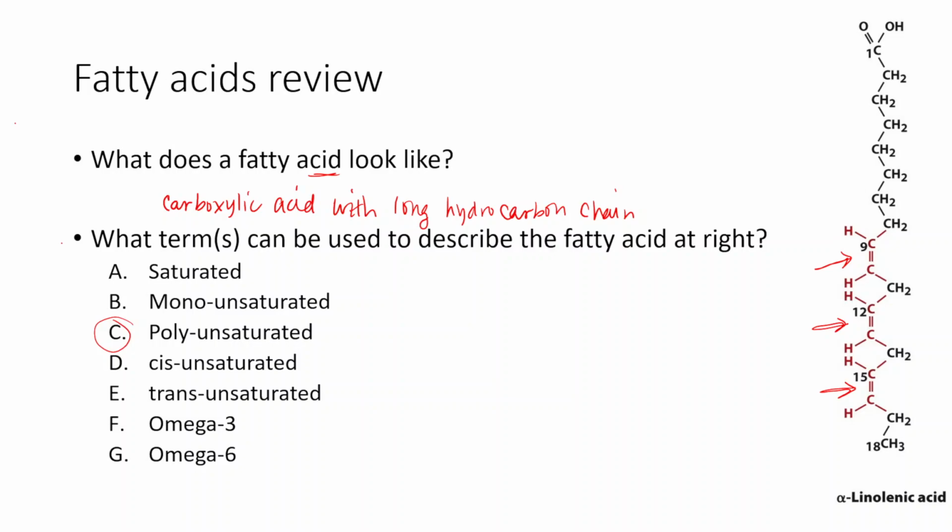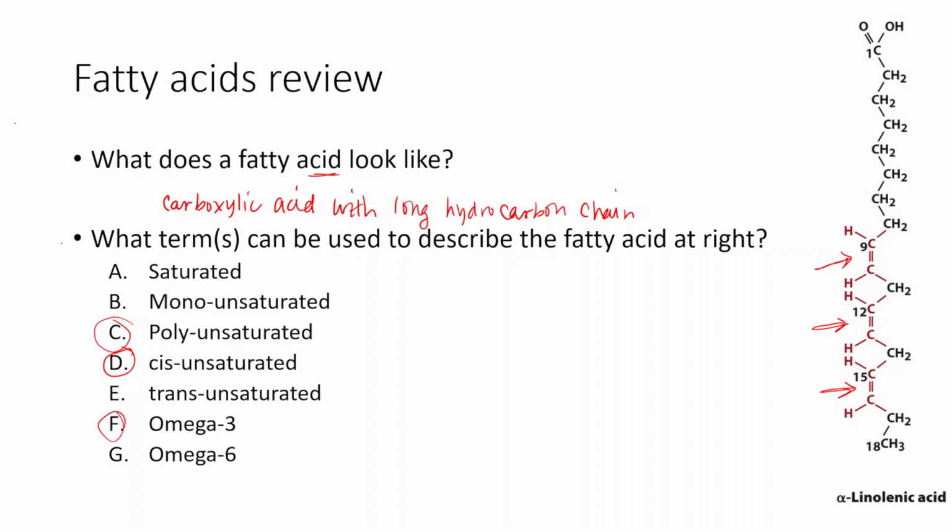Yeah, and all of them are cis unsaturated. And how do you know that? Yeah, exactly. So they are polyunsaturated. All those bonds are cis unsaturated. And are there any other terms? Yeah. It is omega-3.